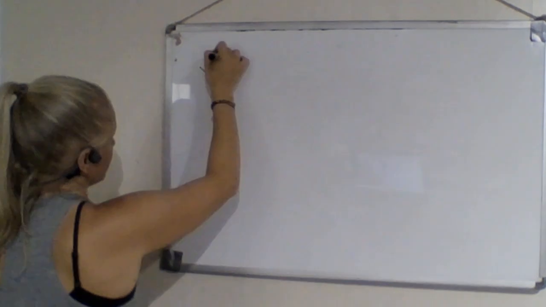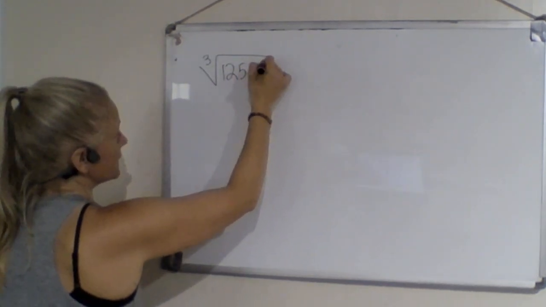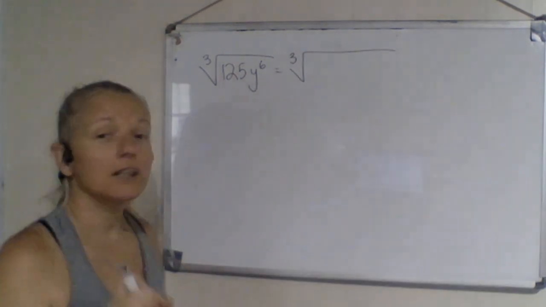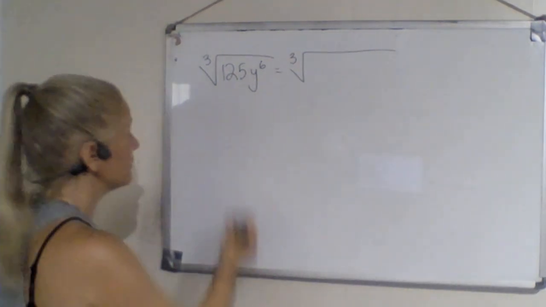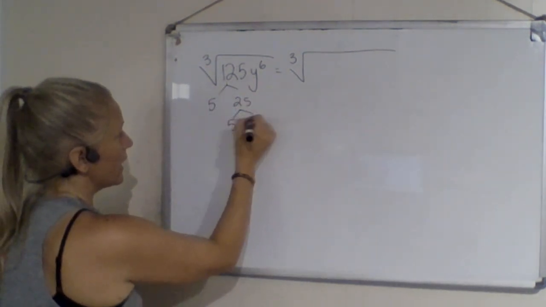What if they say simplify the expression cube root of 125 y to the 6? The clear way to do this is to go 125, 25, 5, 5.